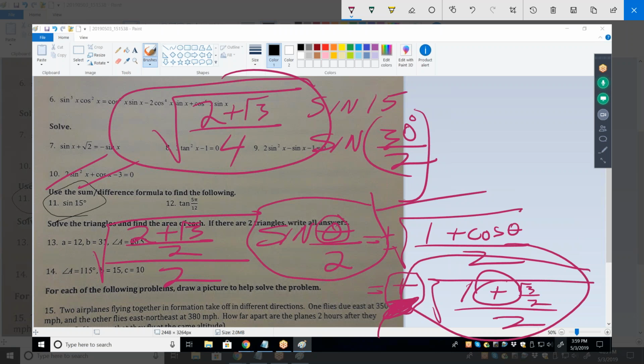Not that many to memorize. You probably know your first 11. The sum and difference, fairly easy to memorize. The half angle is okay. The double angle is easy to memorize. Those are the three you need to add to your repertoire: the sum and difference for sine and cosine, also the double angle for sine and cosine, and the half angle.